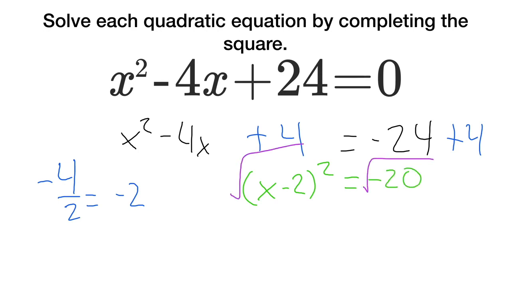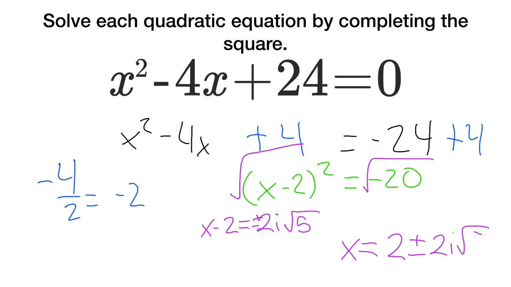Then I square root both sides. x minus 2 equals, the square root of 20 is going to be a little bit harder. That ends up becoming the same as negative 1 times 4 times 5. So that becomes 2i square roots of 5, and that's plus or minus. Now, because we can't factor it out at all, it just becomes x equals 2 plus or minus 2i square roots of 5. And that's our final answer.